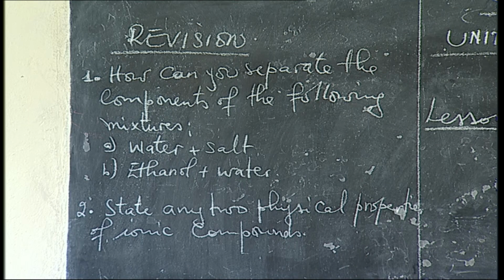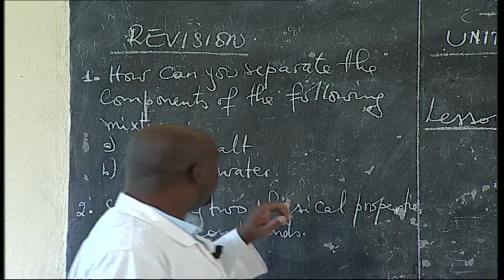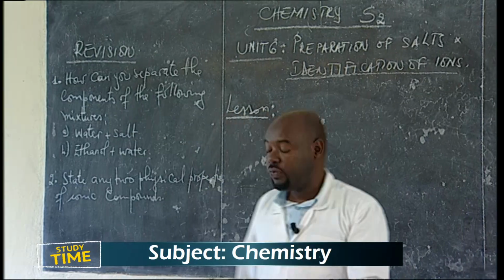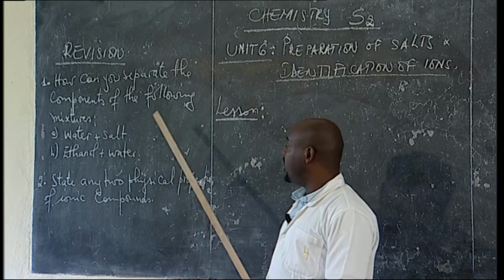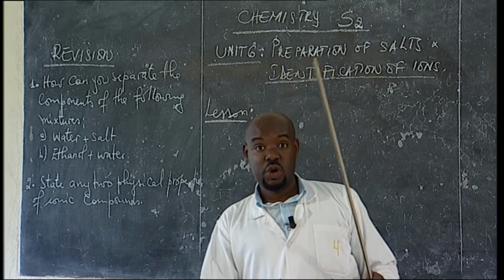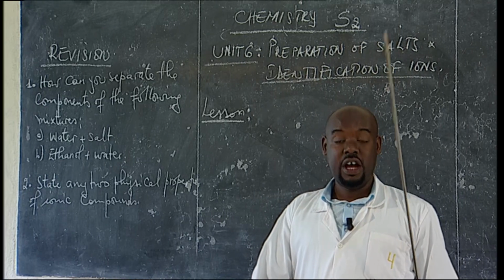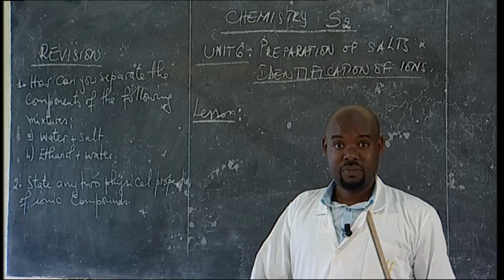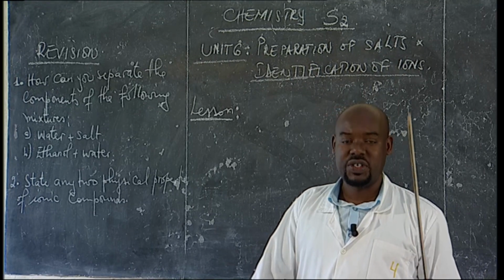Hope you're done. Now let us answer the first question. The mixture we have is a mixture of water and salt. Salt is an ionic compound which is soluble in water, and it gives a clear solution. How can we separate the 2 components of our mixture?